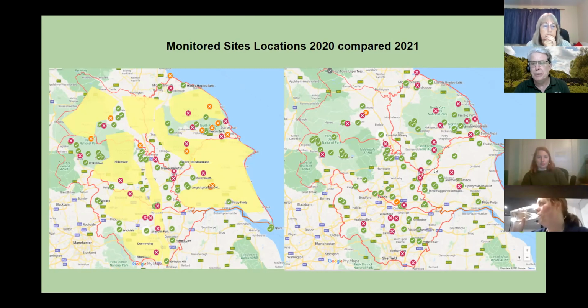And you can see all the new sites. In particular, now we have three monitored sites on the Yorkshire Wolds, 4 monitored sites in the coal measures, and I think 6 sites now on the magnesium limestone ridge. Most importantly, we have key sites like Brockadale, and it's nice to report Nosterfield also joined this year.